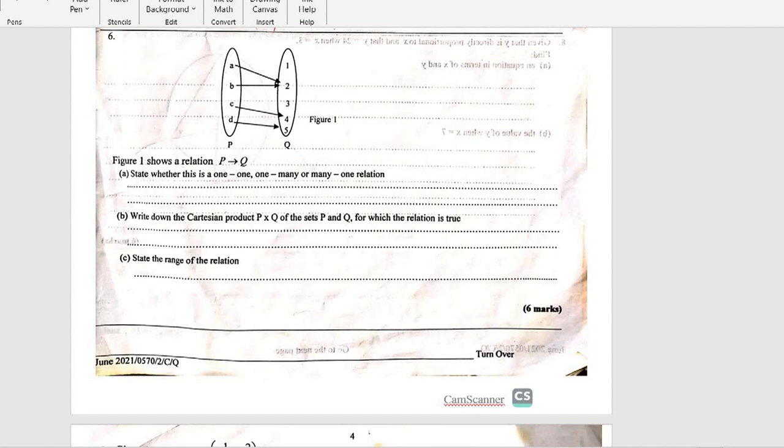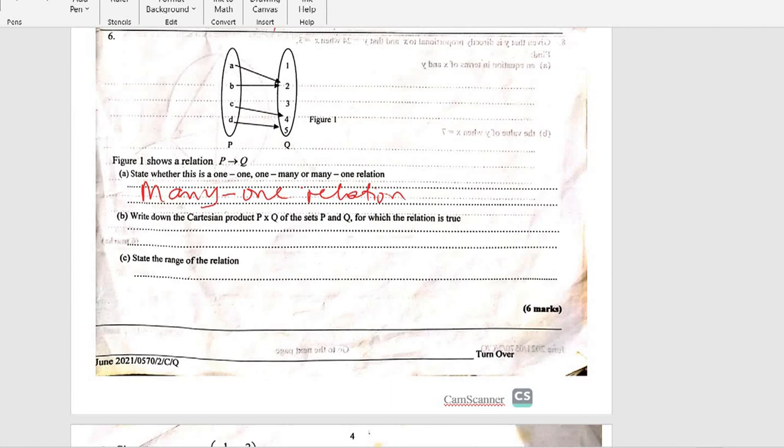Is this a one-to-one? You already see that 2 is mapping to 1 only. So that tells us that it is a one-to-many. Oh yes, sorry, many to 1. So we have there a many to 1 relation.